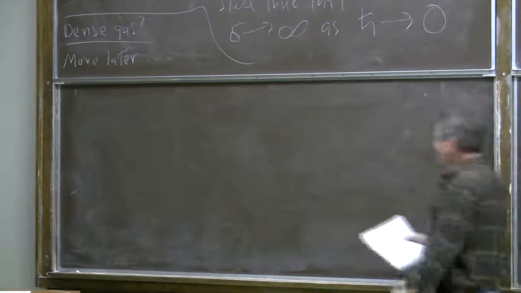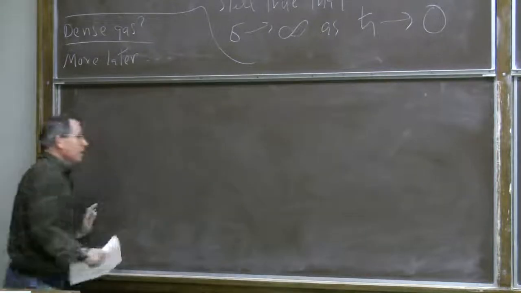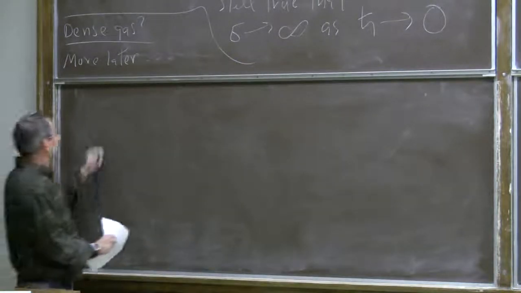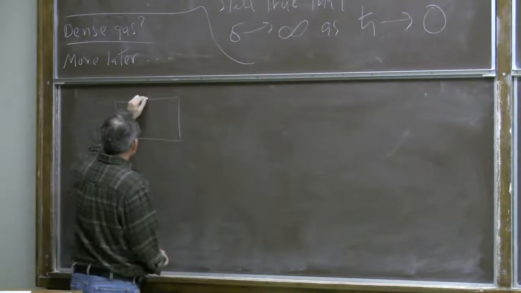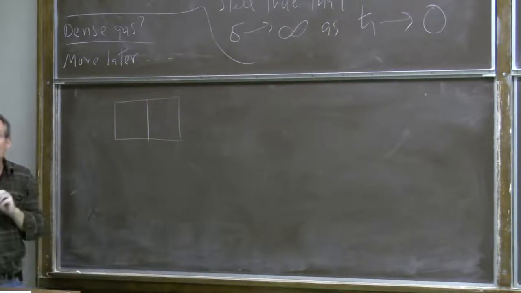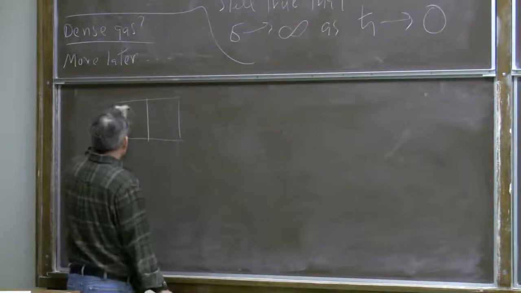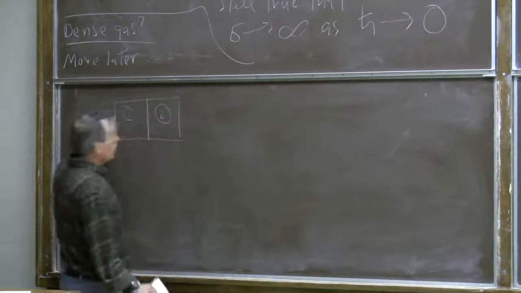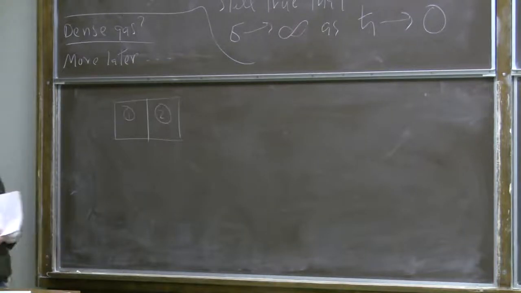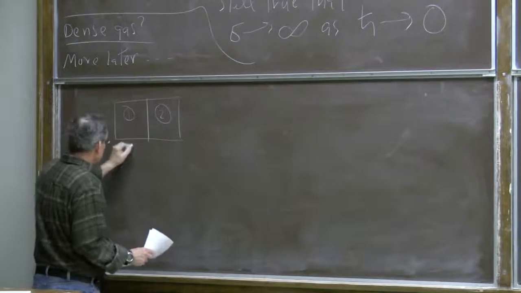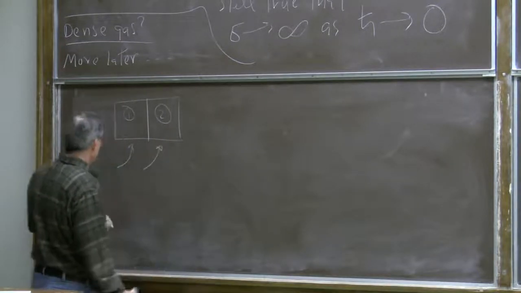And Gibbs thought that was interesting when you think about the following situation. So suppose you have a box. It's divided into 2 halves. And there's a wall in between. So there's gas in box 1 and box 2. And they're both at the same concentration. Same pressure, same density.